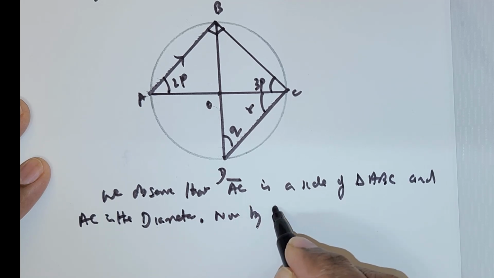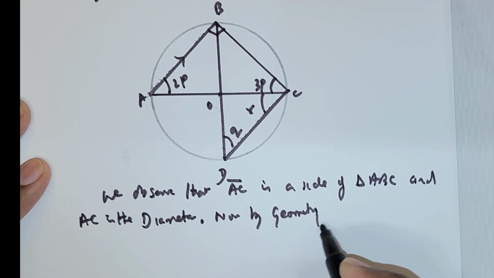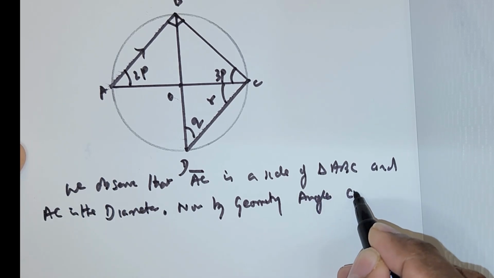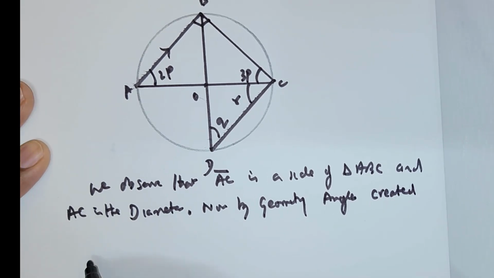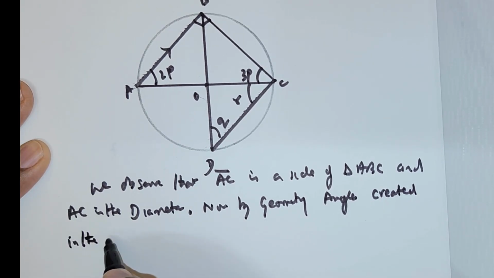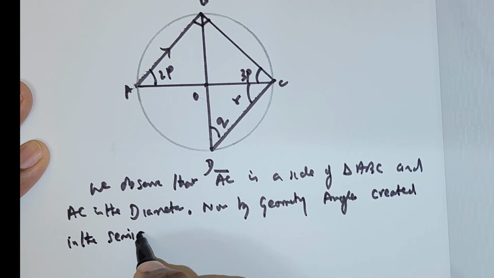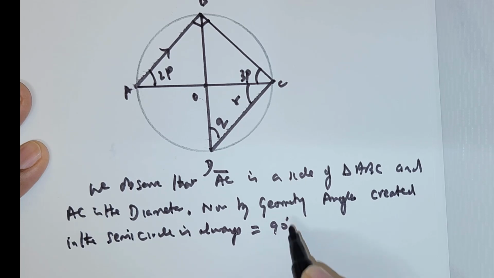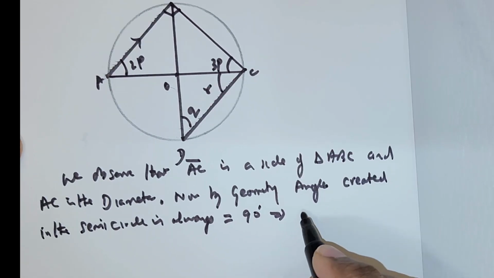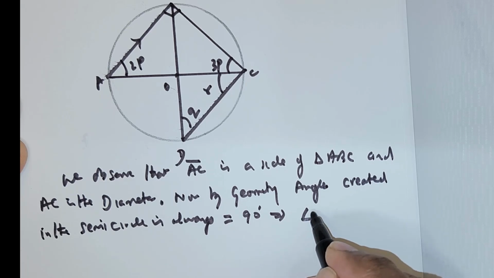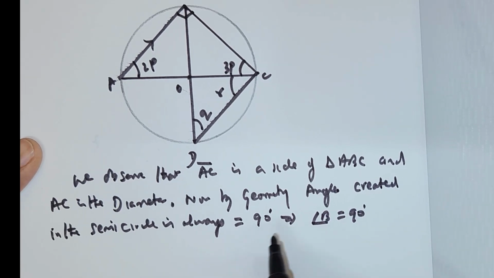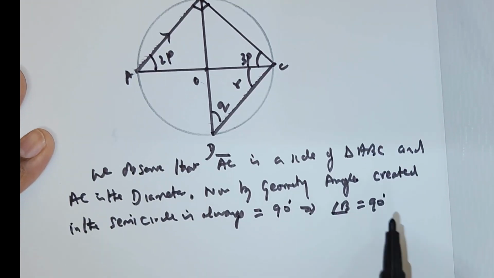Now, by geometry, the angle created in the semicircle is always equal to 90 degree. Okay, so this means angle B is equal to 90 degrees. That's exactly what they want.